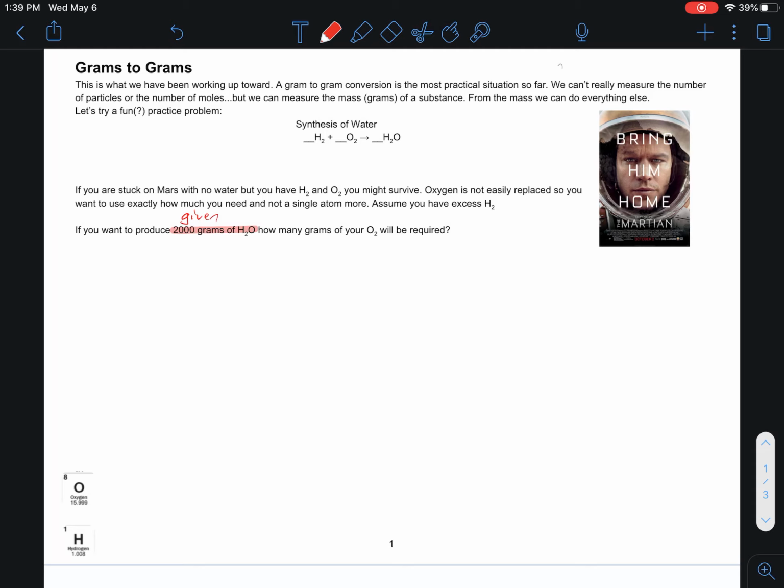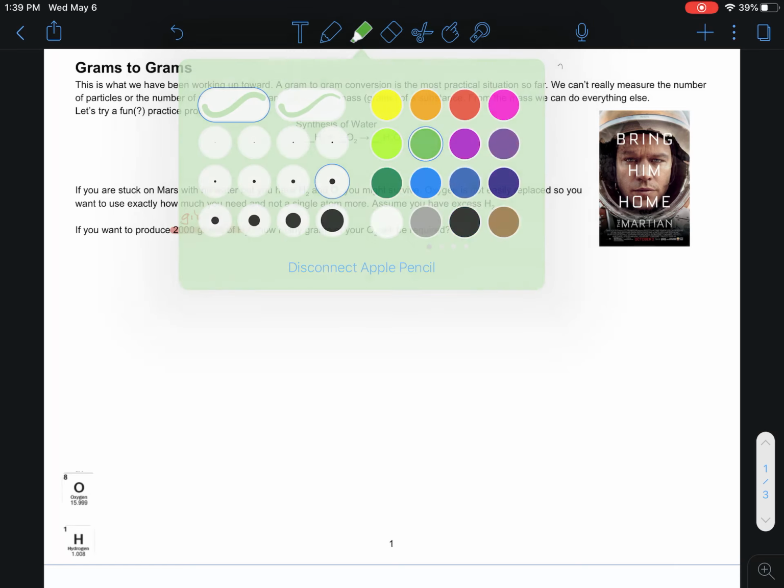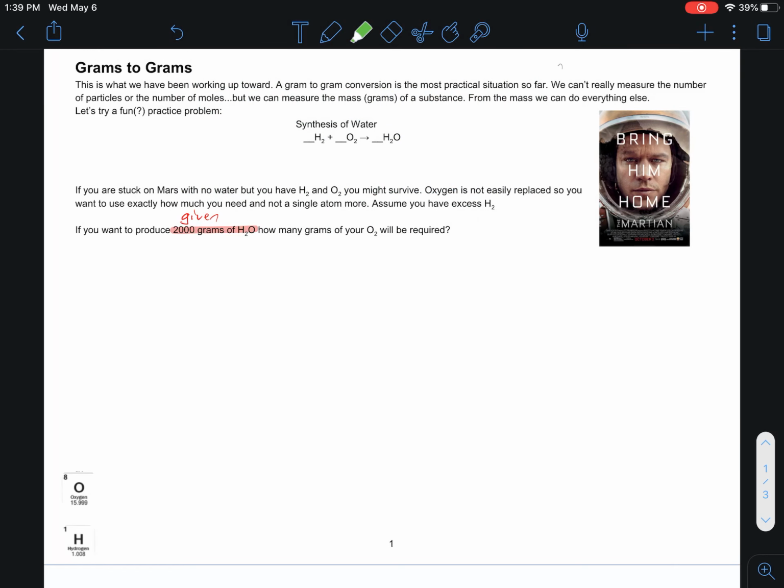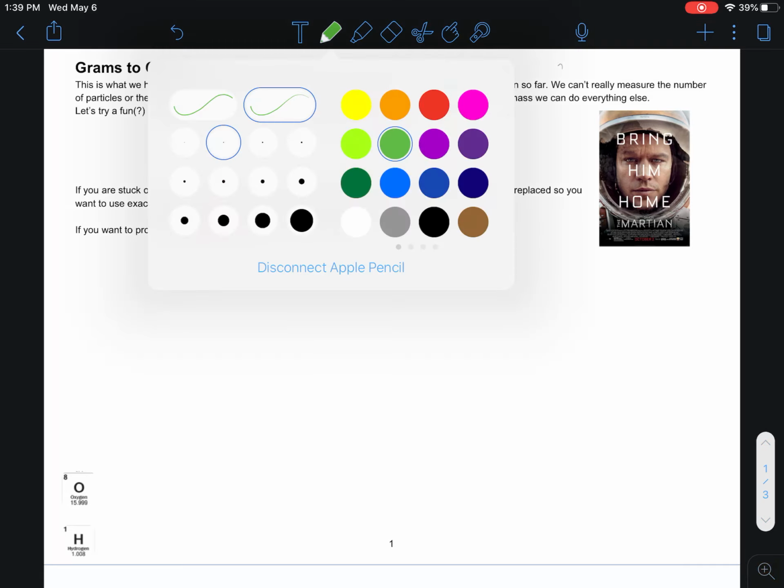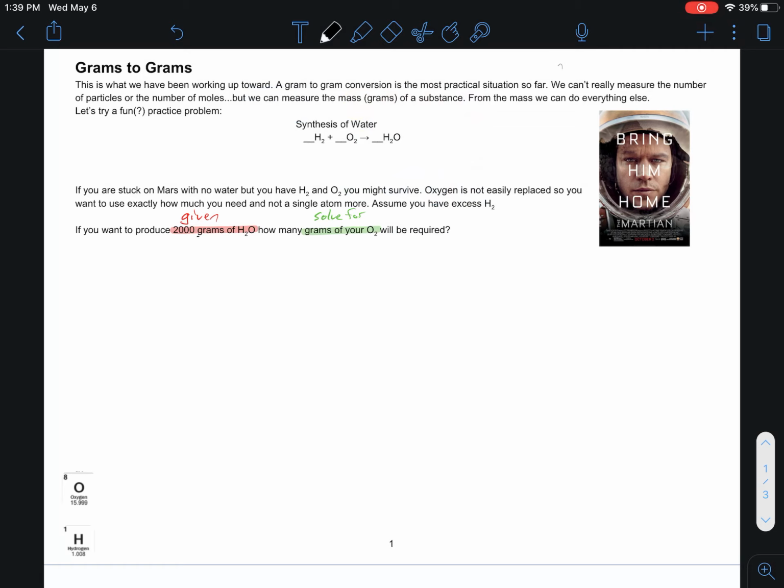The thing we're trying to solve for, I'm going to highlight in green. We are trying to solve for grams of O2. So this is solve for. Both of these are saying grams. So grams and grams, we have mass and we have mass.